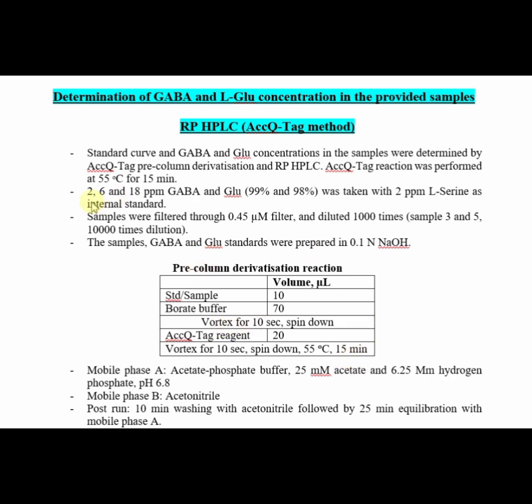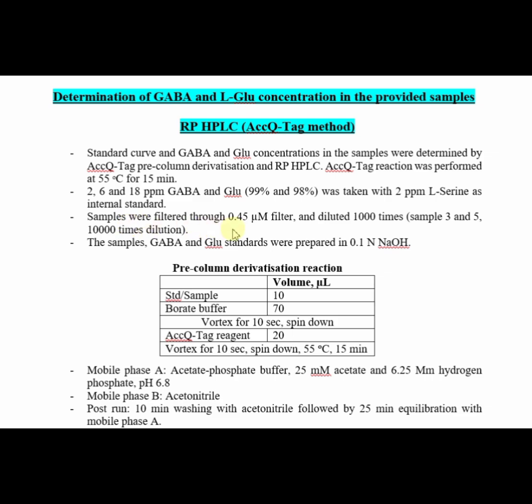Likewise, I have taken 2, 6, and 18 ppm GABA and glutamate. Their purity was 99% and 98% respectively. So GABA and glutamate were taken with 2 ppm final concentration, with L-serine as internal standard.